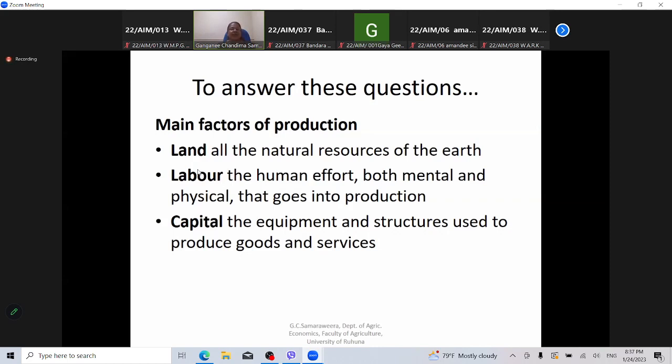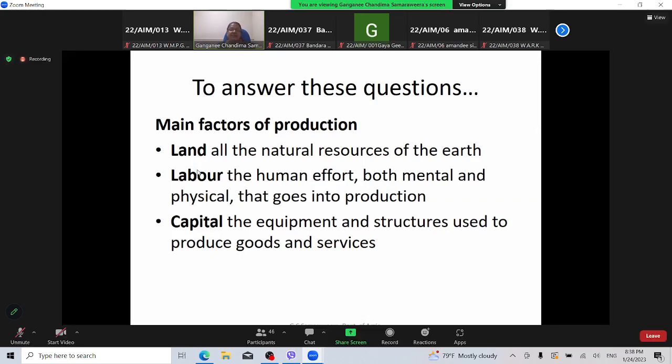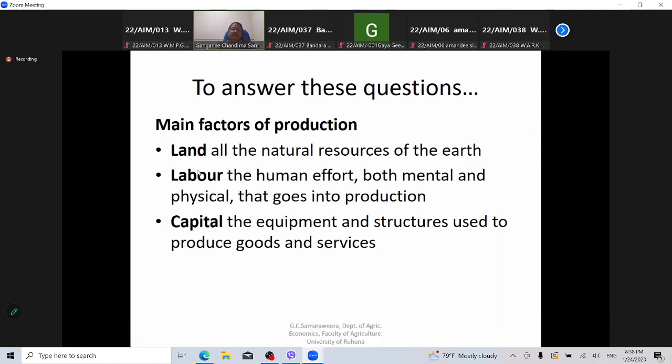Another main factor of production is labor. That is human effort, both mental and physical. Physically active laborers are there. Mentally, they use their mental power, like scientists who work very hard mentally. But some casual laborers use their physical fitness to do their task.